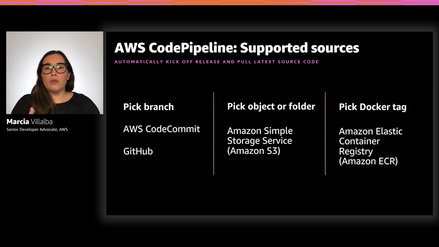So, in order to release your software, there are many ways to do it. If you're building serverless applications, you might be interested in these 3 different ways. The first one, you can attach your CodePipeline to a remote repository like CodeCommit or GitHub. So when something changes in a branch, then your release process will start. Or you can use S3.